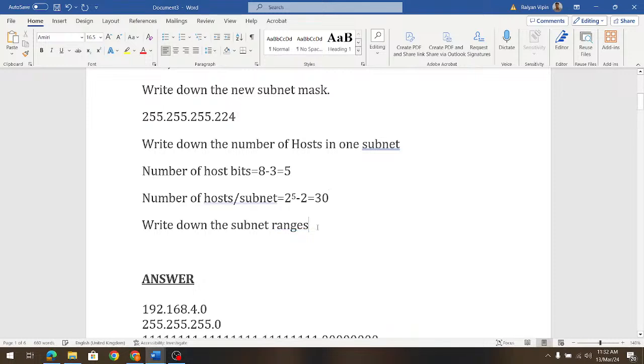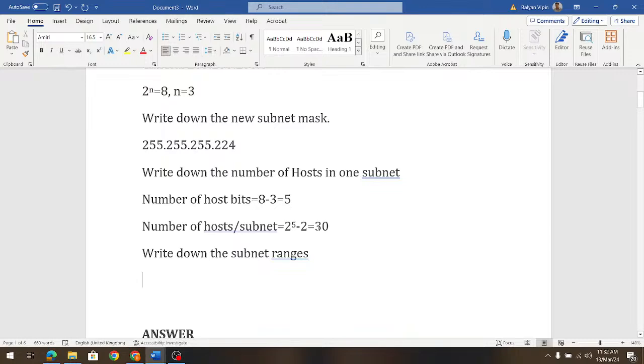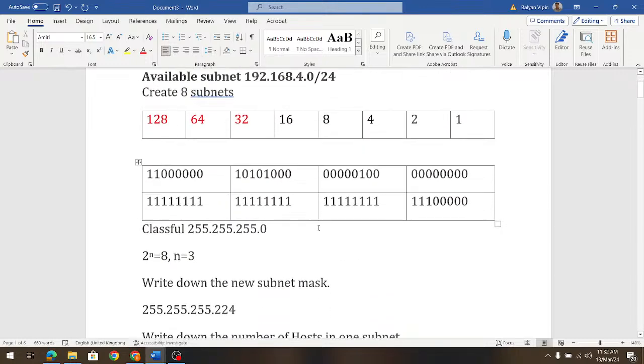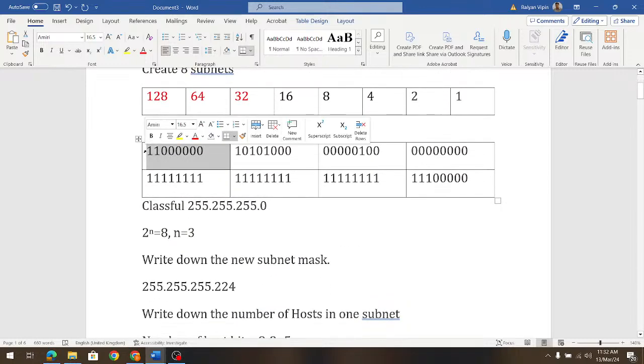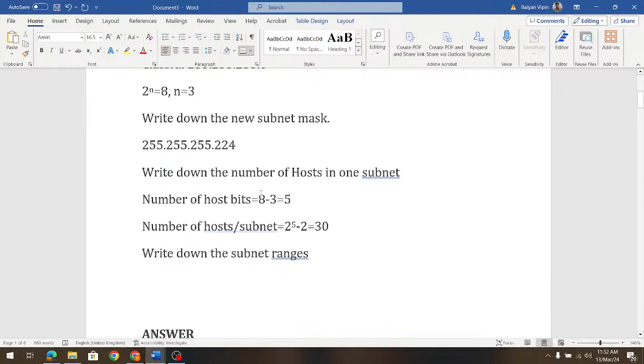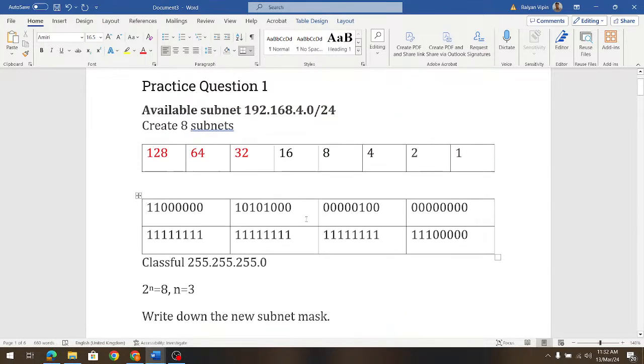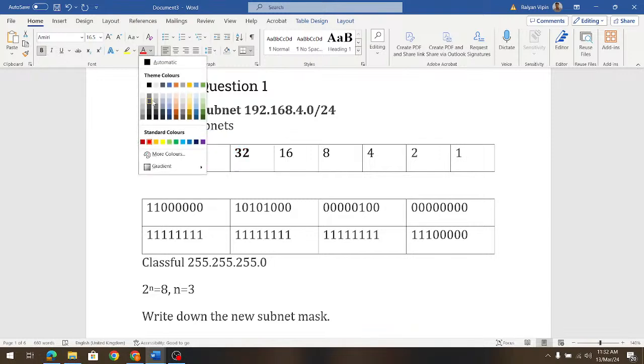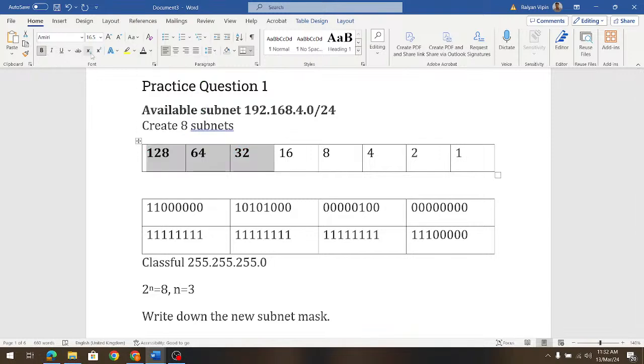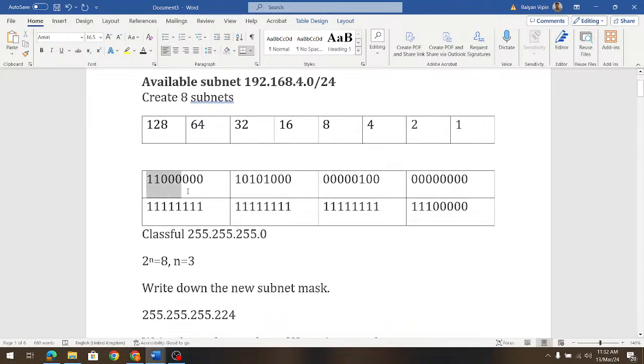Okay, and then the question asks you to write the subnet range. We didn't find that out yet, but we will look at that later. The first one is, if you see, you need to do the AND operation of these.